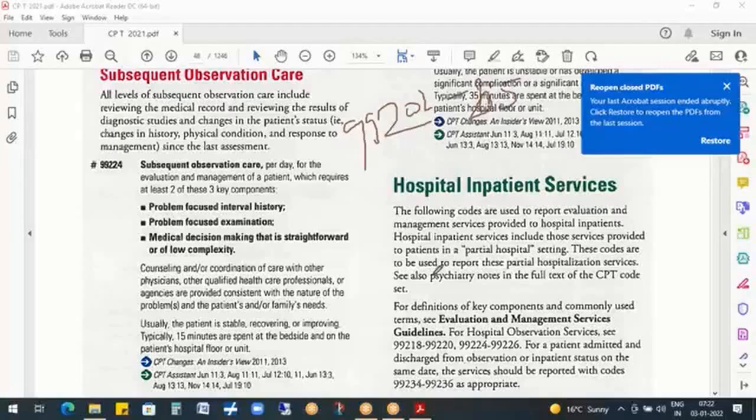Subsequent observation services: 99224 to 99226. 99224 to 99226. Third, in that C, discharge: 99217.